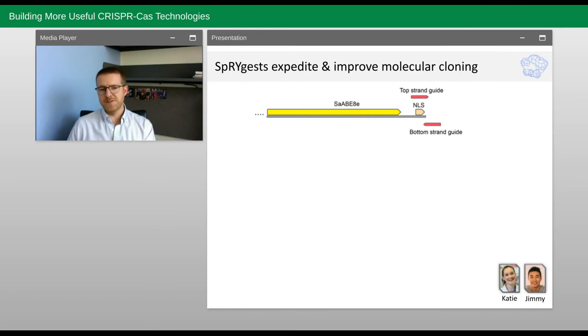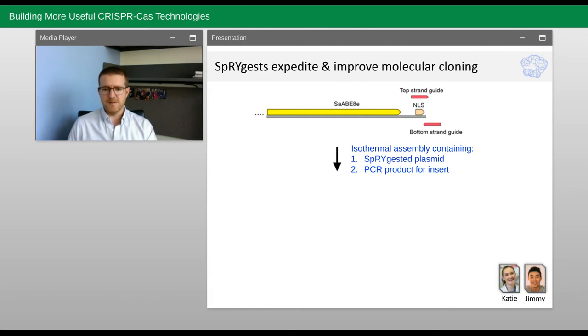So to give you 2 concrete examples of why this is useful, in one example, we had an SA-Cas9 ABE8E construct in the lab, but we didn't have a P2A GFP version of this plasmid. And that's useful, obviously, if you want to sort transfected cells. So we designed 2 different guide RNAs. You only need 1 because SpRY can make a double-stranded break. They cleave precisely at the end of this NLS.